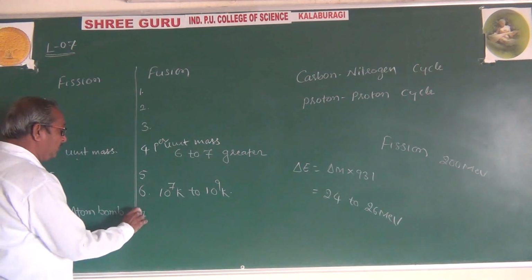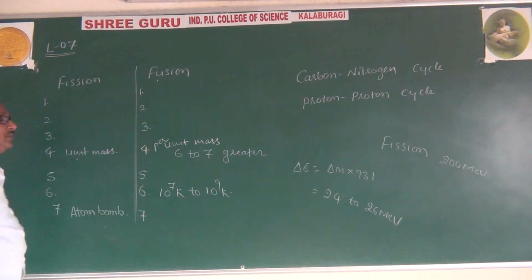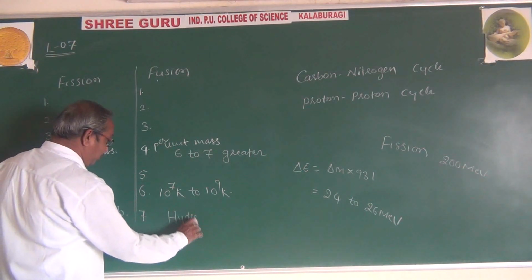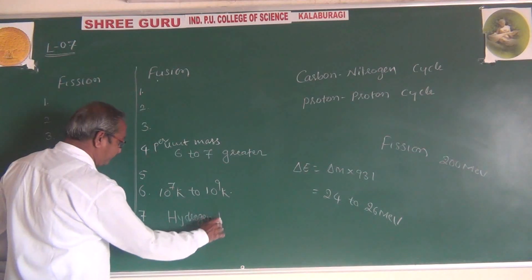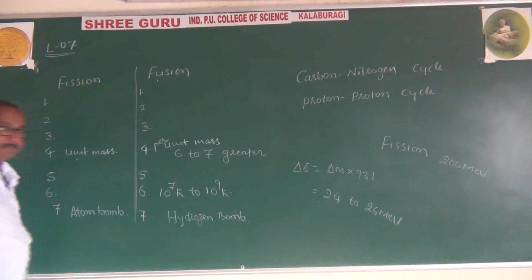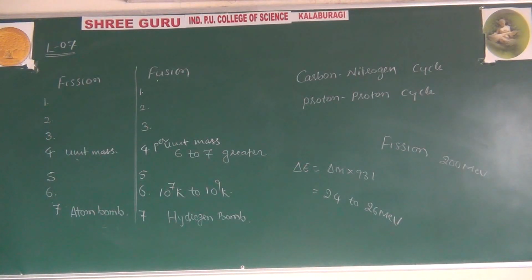Based on the principle of nuclear fusion, there is a nuclear bomb, and that is the hydrogen bomb. Atom bomb and hydrogen bomb are the nuclear weapons.